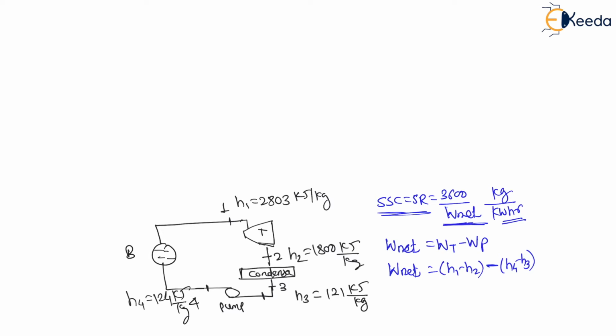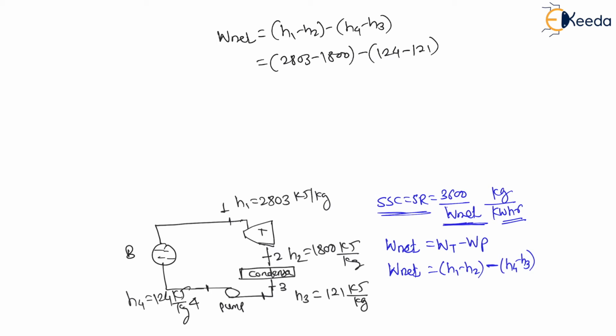So W net is equal to (H1 minus H2) minus (H4 minus H3), which is equal to H1 is 2803 minus H2 is 1800, minus H4 is 124 minus H3 is 121. If I solve for W net, W net will be equal to 1000 kilojoule per kg.